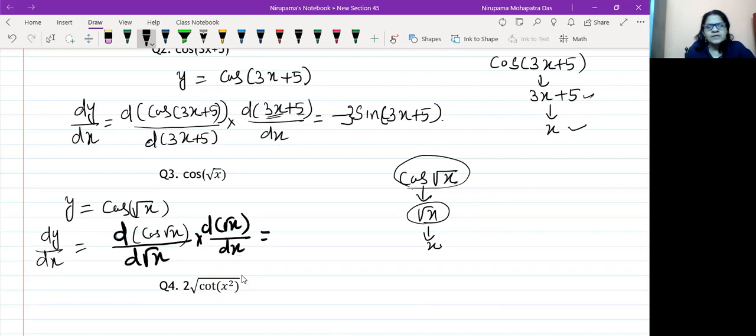The derivative of cos root x with respect to root x is minus sin root x. And the derivative of root x means the derivative of x to the power 1 by 2, so as we know, it is 1 by 2 into root x. Okay, so dy by dx equal to this.